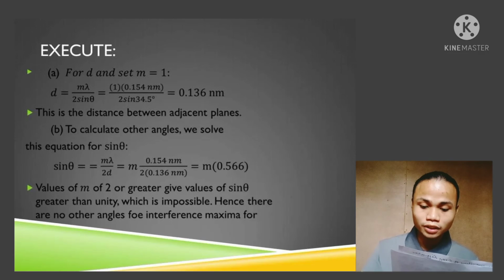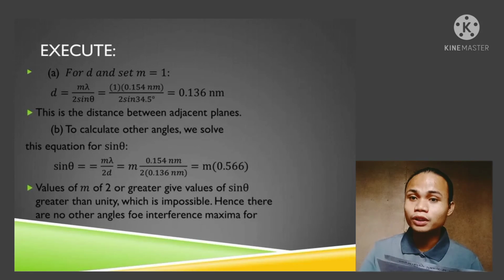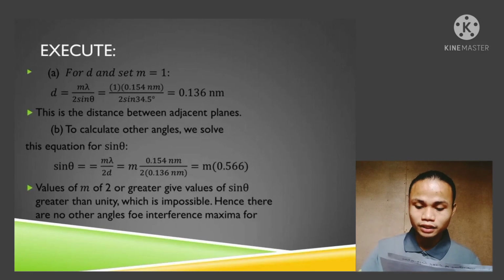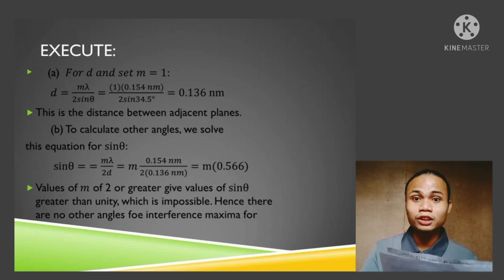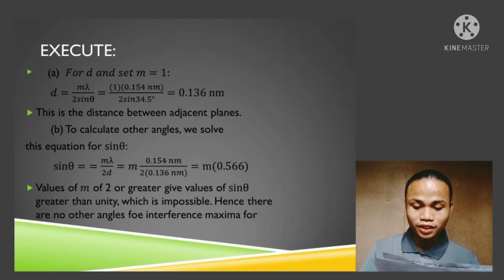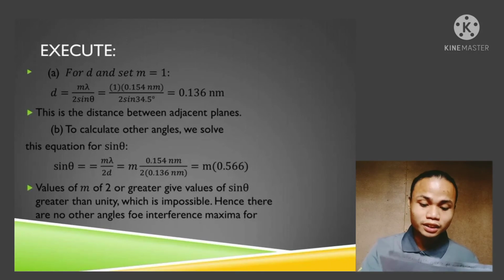Sine theta is equal to m times the wavelength over 2 times d, the distance between adjacent planes. So we have m times 0.154 nanometers over 2 times 0.136 nanometers. So we have m times 0.566.